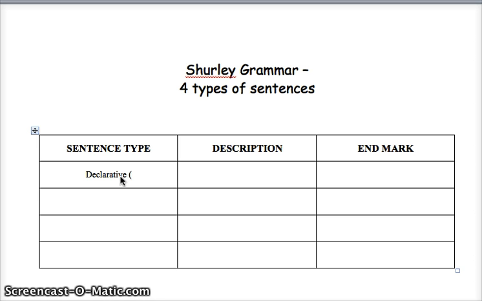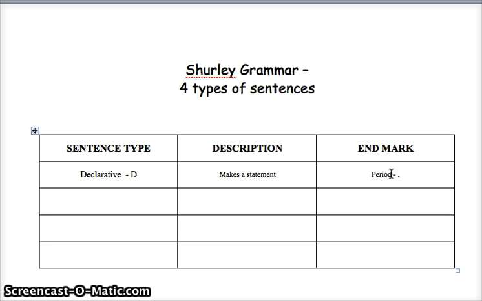And in Shurley Grammar, we abbreviate that with a capital D. And the basic description for a declarative sentence is a declarative sentence makes a statement. It's pretty easy. And the end mark for a declarative sentence, there is only one, and so the end mark is a period.